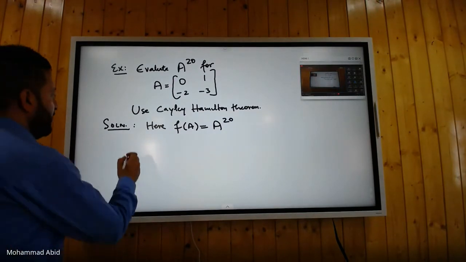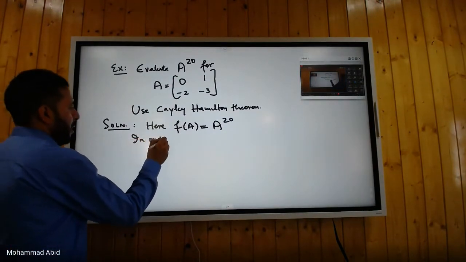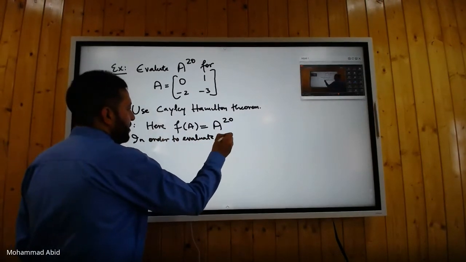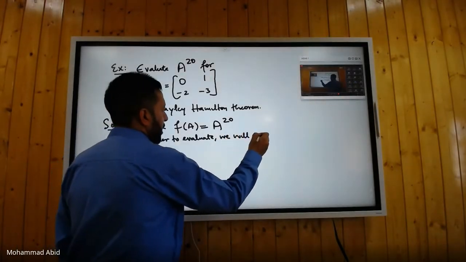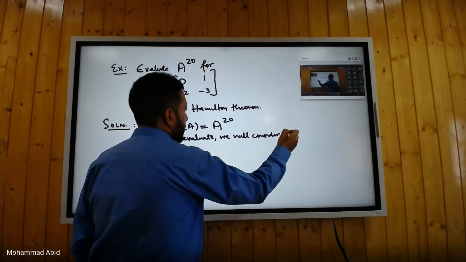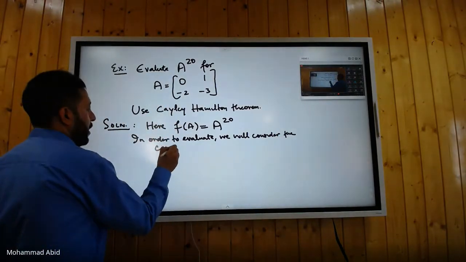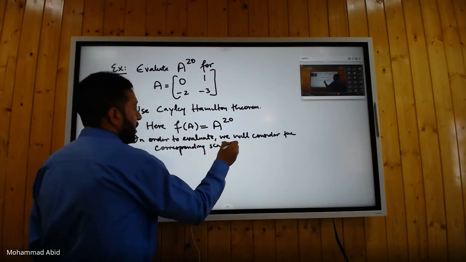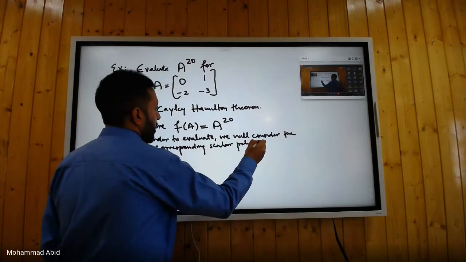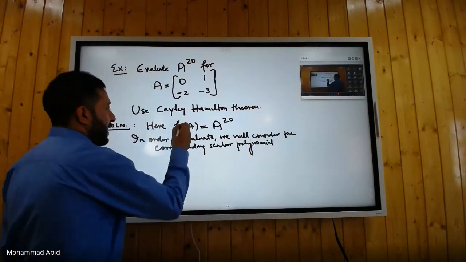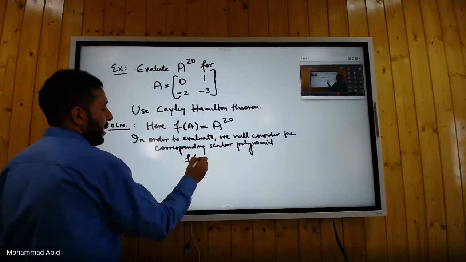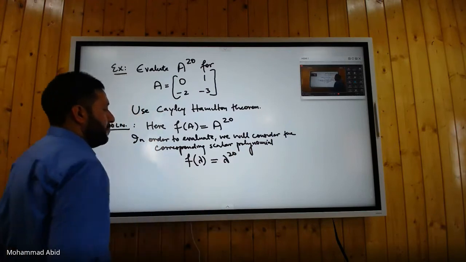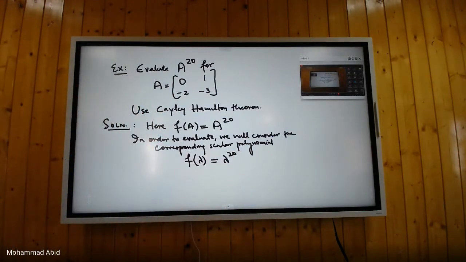So in order to evaluate this, we will consider the corresponding scalar polynomial. That is, we will substitute lambda for A. I'll consider the corresponding scalar polynomial f(lambda) equal to lambda raised to 20. Is that okay?